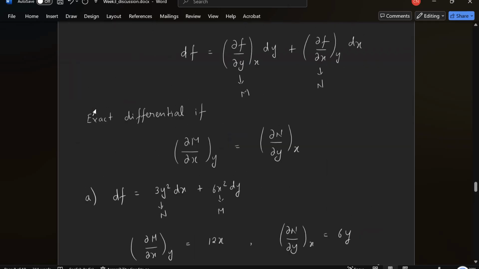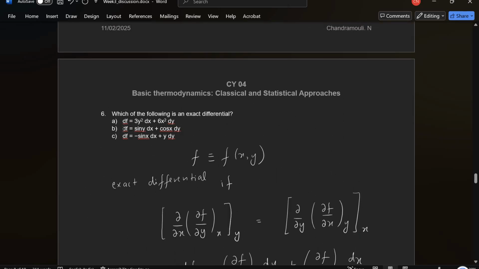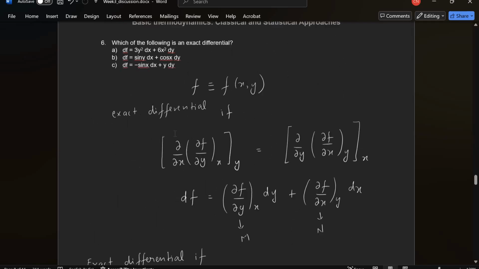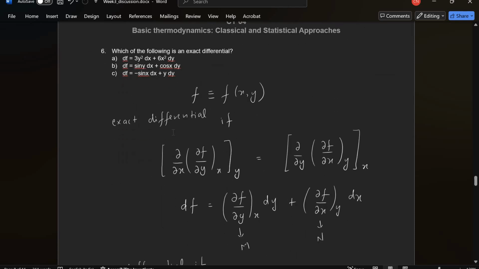We have the second problem, let me write that down. df is equal to sine y dx plus cos x dy, I guess.